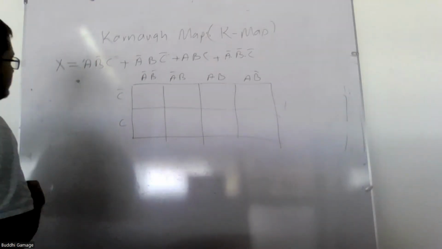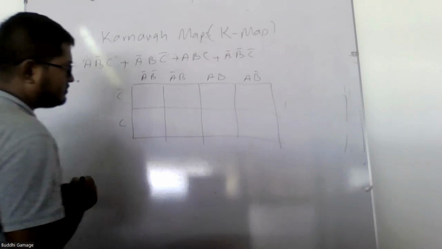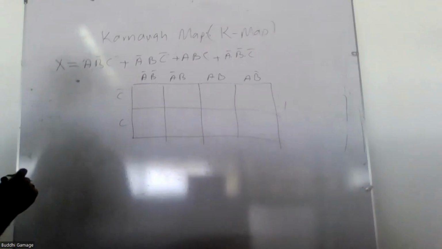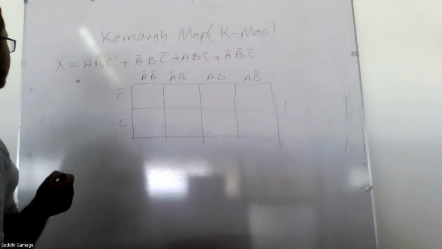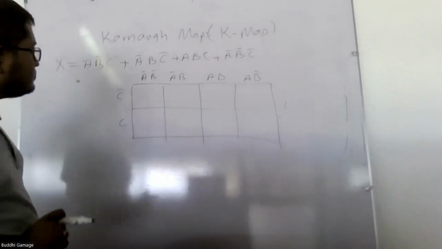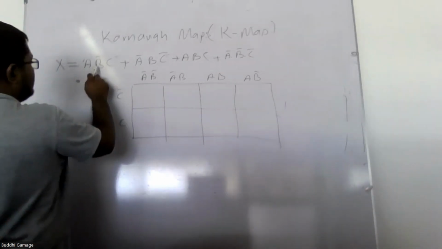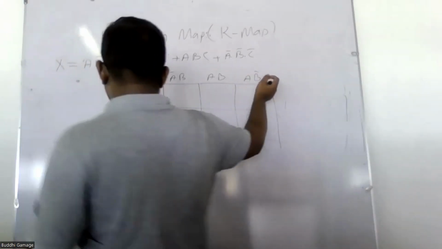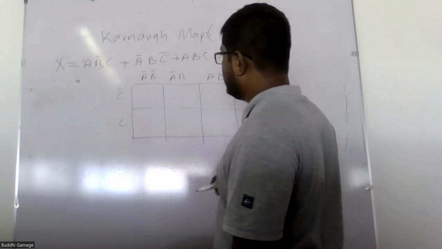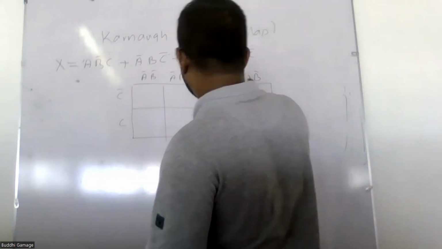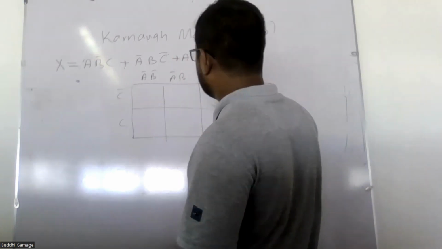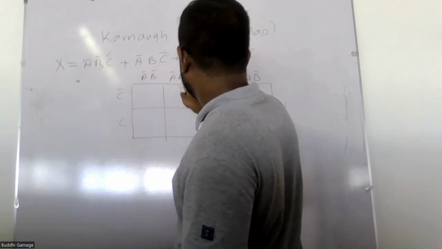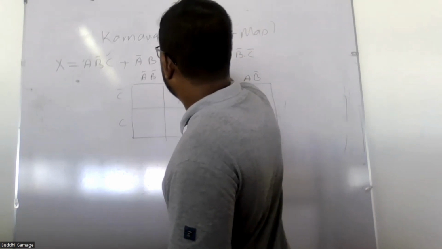So how can you map it? I will explain a trick that you can use without using the truth table. Here it is A, B bar, C. So A, B bar, and C is going to be true, so this should be true. Then A bar, B, and C bar should be true.